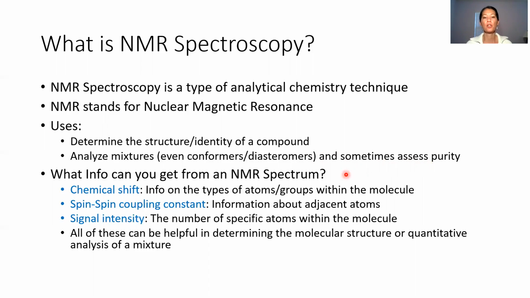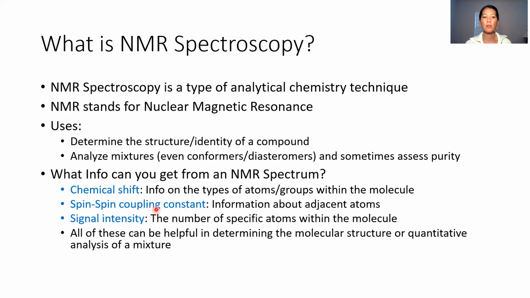What info are you going to get out of the spectrum? There are three main pieces here. Chemical shift is going to be the x-axis on the spectrum, and it basically identifies the types of atoms or groups in the molecule you're looking at. So maybe this is confirming that a type of atom or group is present, or helping you discover a new compound in terms of identifying an unknown.